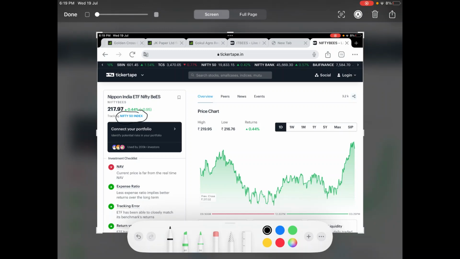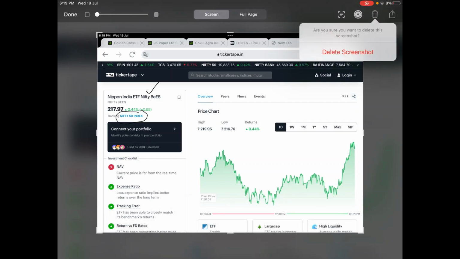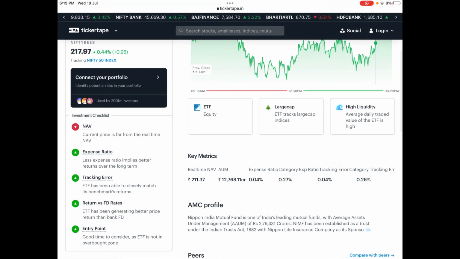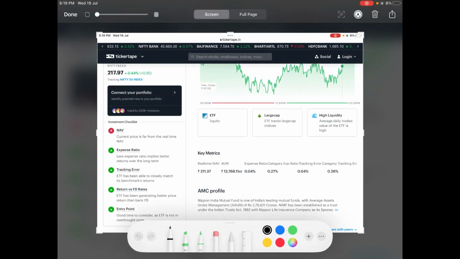It tracks all the Nifty 50 companies, and this is maintained by Nippon Asset, right? And again, if we see here, it has high liquidity, the expense ratio is also good, and the tracking error is also good, and it's currently quoting at 211 rupees with a very good AUM size, right? So basically this is how you need to analyze a particular ETF and then invest in it, right?